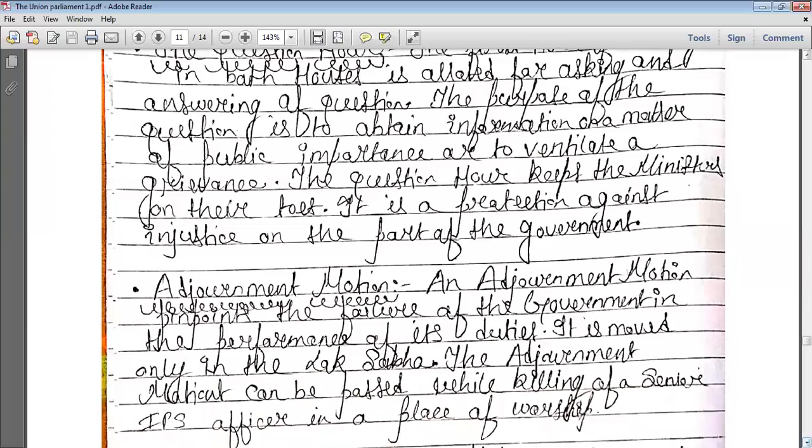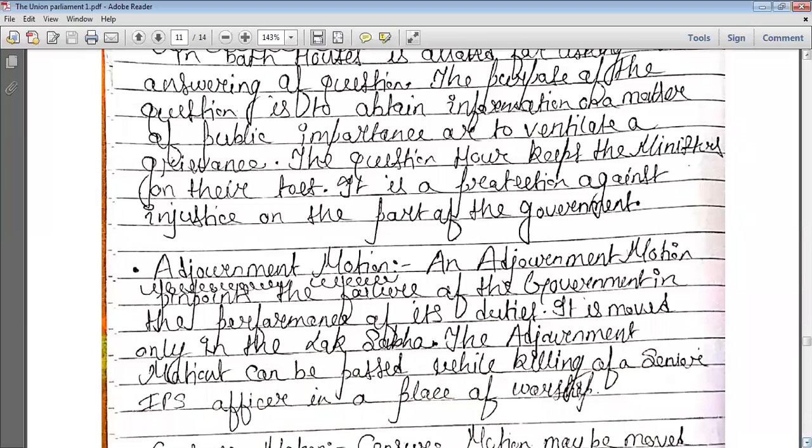What is the purpose of this? The purpose of the question is to obtain information on a matter of public importance or to ventilate a grievance. So some minister may have some grievance against another minister. That information gets ventilated, the grievances get solved.